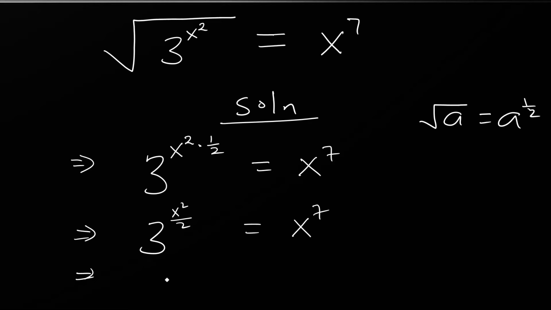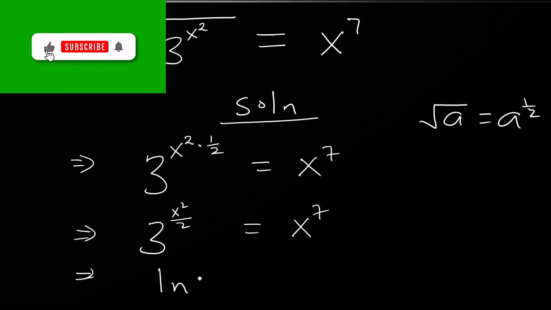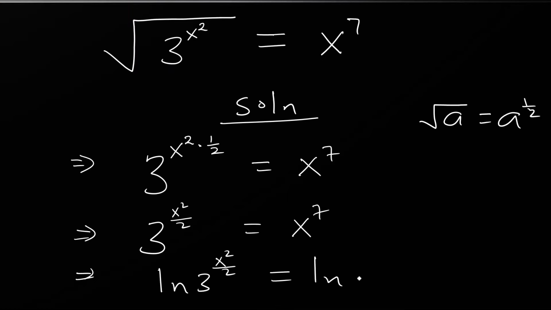So this side will be ln of 3 raised to x squared on 2 equals ln of x raised to 7. Now, when we have ln of, let's say, b raised to x, the x here is the power rule, that will be x ln of b.